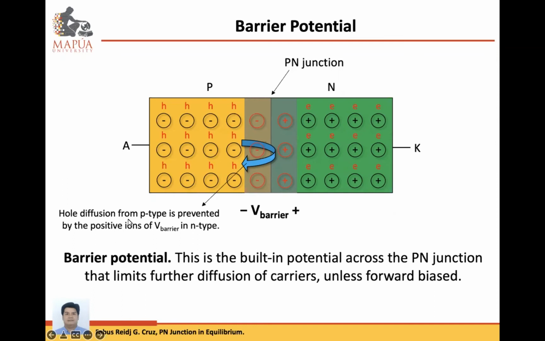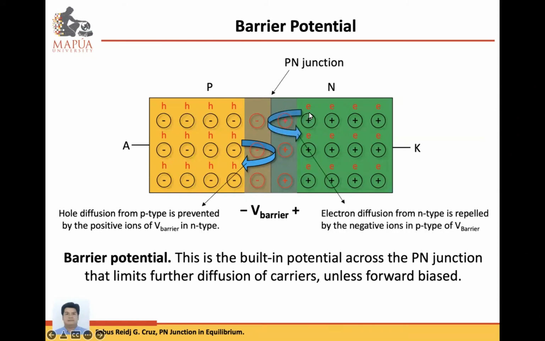Okay? So hole diffusion from P-type is prevented by the positive ions of the barrier potential in the N-type side. And likewise, the further diffusion of electrons from the N-type side will be repelled by the enough number of negative ions in the P-type side. Okay? Within the barrier voltage.